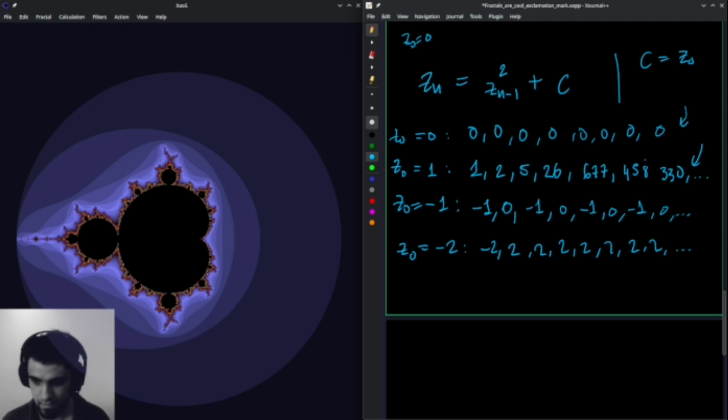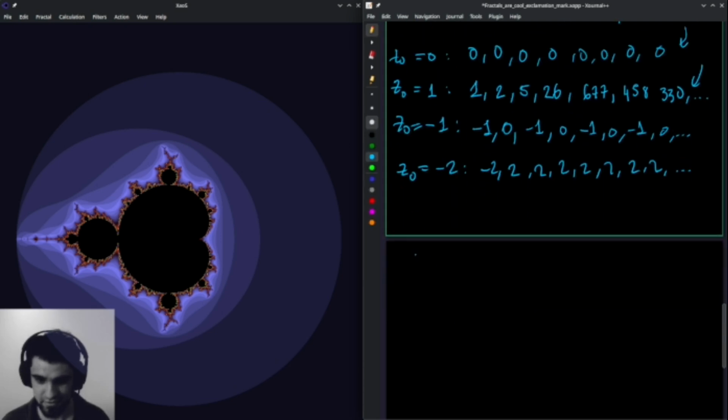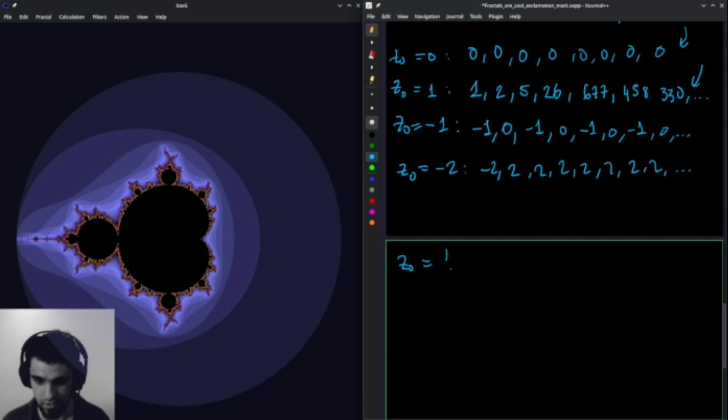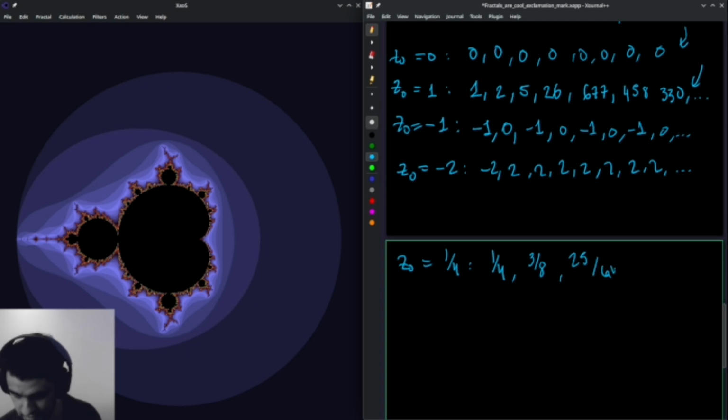Okay. And the last real number that is going to be interesting is z0 equal to a quarter. Because we begin at a quarter. A quarter squared should be an eighth, plus a quarter should be 3/8. 3/8 squared should be 9/64, plus 1/4 should be 25/64.